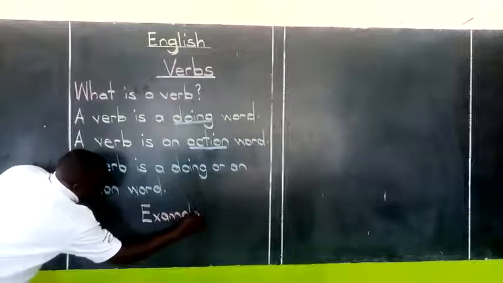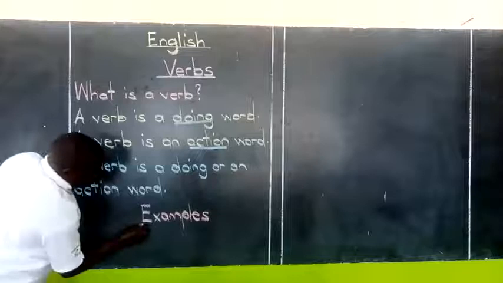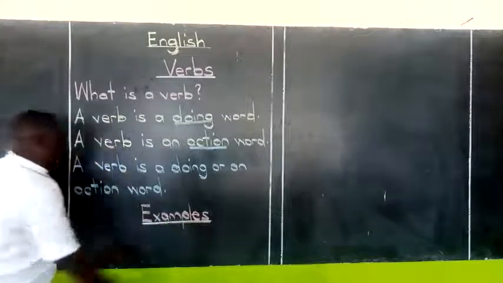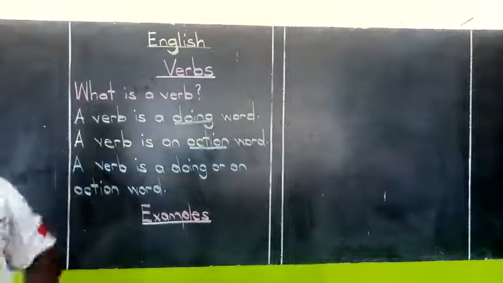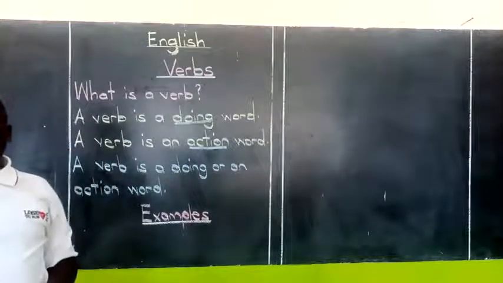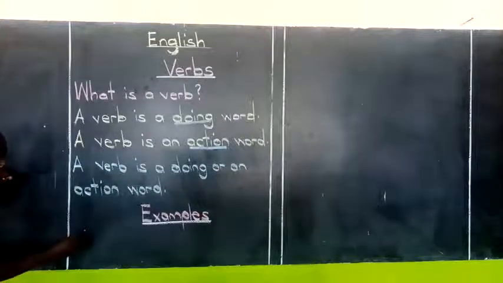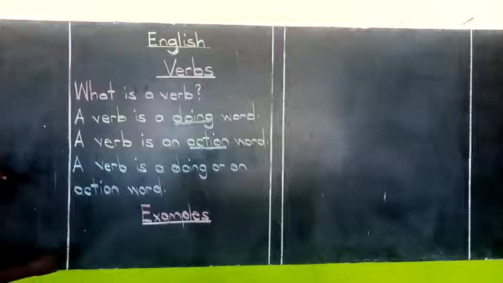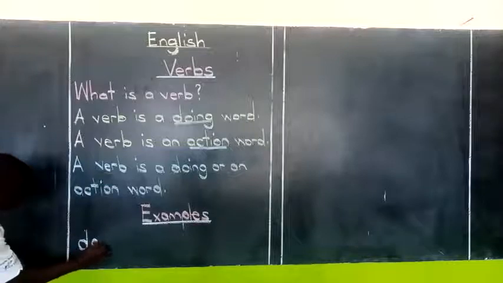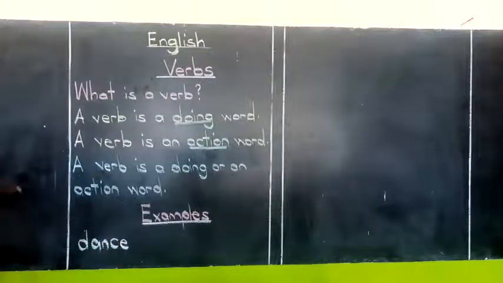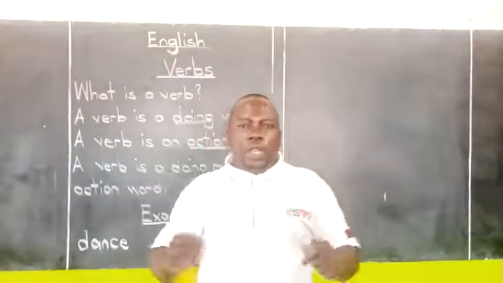We are going to look at the examples of verbs. Examples of actioning words. Whenever you mention it, the action has to follow. The first example will be dance. So when we say dance, that is the act.